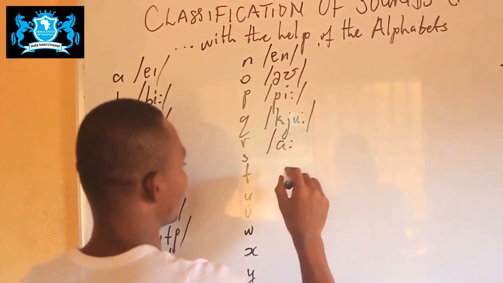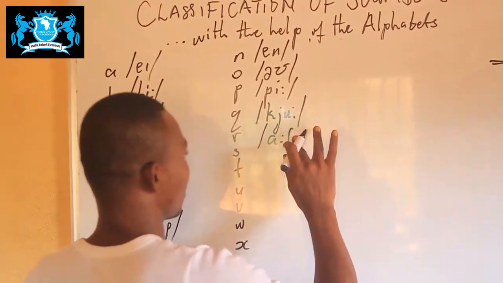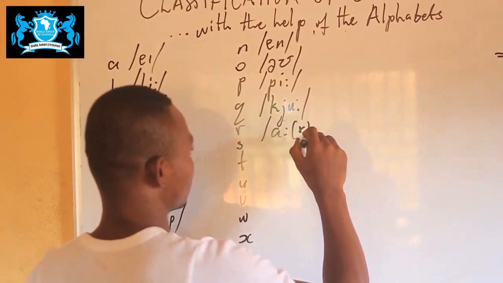R is transcribed as R. It's optional to put R, that's why it's in the brackets.